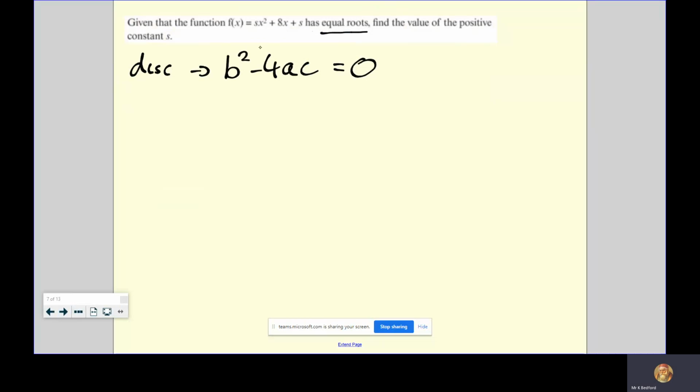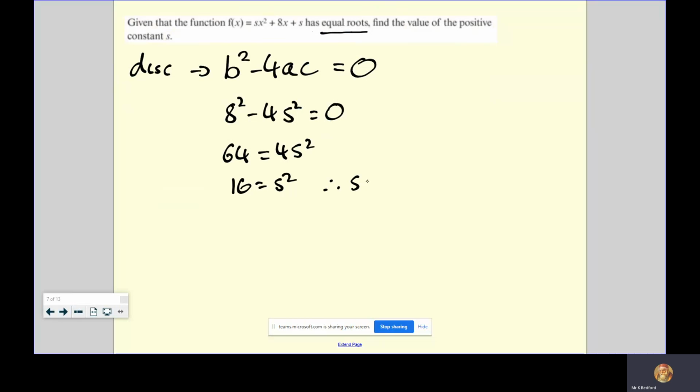So therefore, looking at b squared minus 4ac, I've got 8 squared minus 4 lots of s, which is a, and s, which is c, which is going to be 4 lots of s squared, equals 0. So 64 equals 4 lots of s squared. 16 equals s squared.